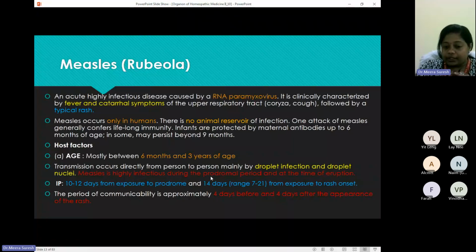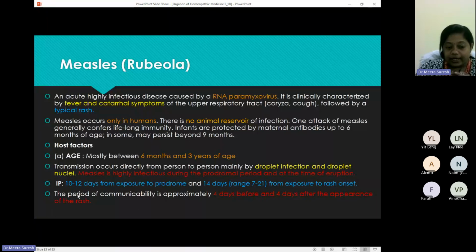Transmission occurs from person to person mainly by droplet infection and droplet nuclei, like that of chickenpox. It is highly infectious during the prodromal period and at the time of eruption. This is a risky thing, because in the prodromal period, when the patient is having high fever and lacrimation, even before the appearance of the eruption, the patient is able to transmit the disease.